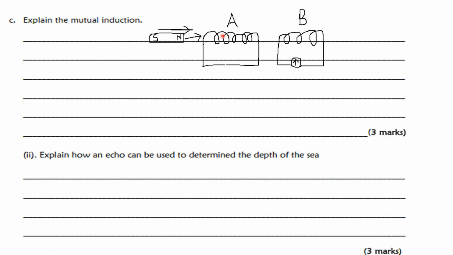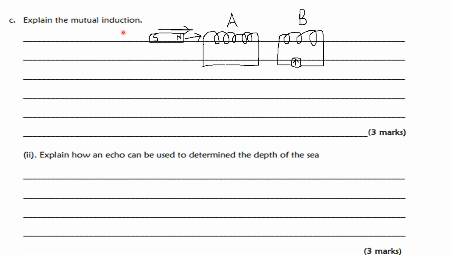As the magnet moves in and out of coil A, an EMF is going to be induced. All right, so this is called mutual induction. So the current induced here will also induce an EMF in B. So this is a process.